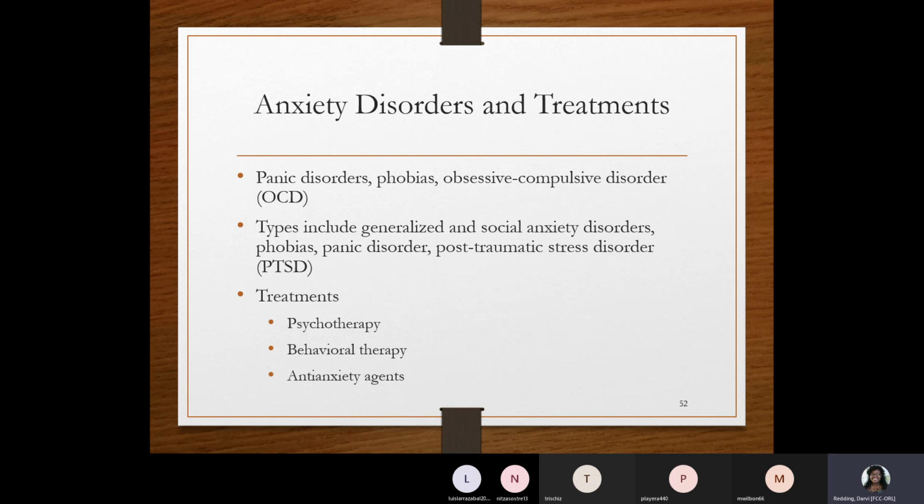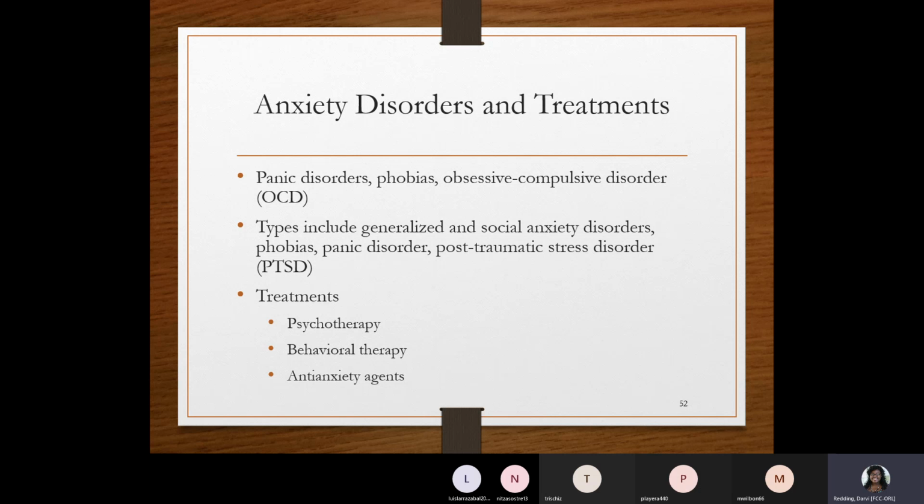Can anybody tell me what the generic of Effexor is? Venlafaxine. Venlafaxine. Great. And so that's just some of them. And we'll continue to go over more of the medications that help treat depression.